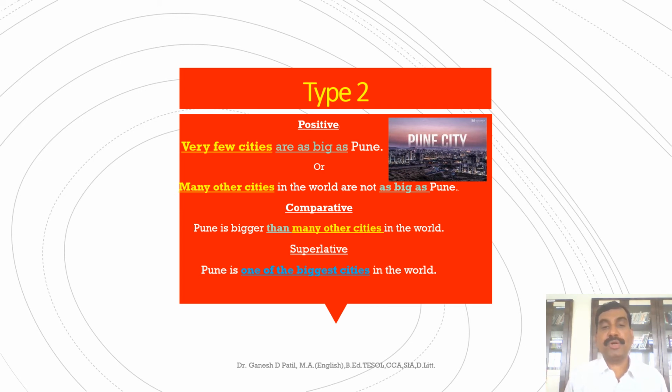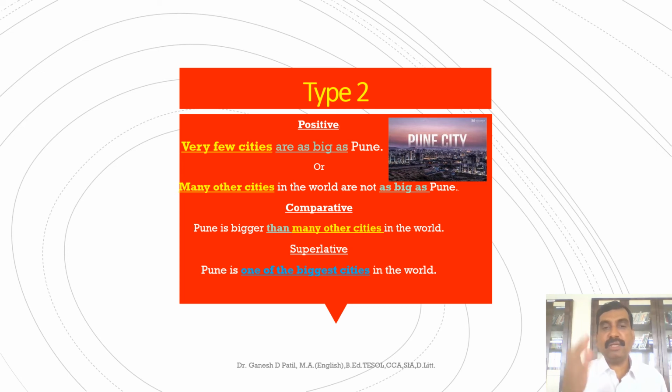Many other is important. Pune is one of the biggest cities in the world. One of the biggest. So one of the shows that it is not the biggest, but there are at least a few which are the biggest, and Pune is one of them.